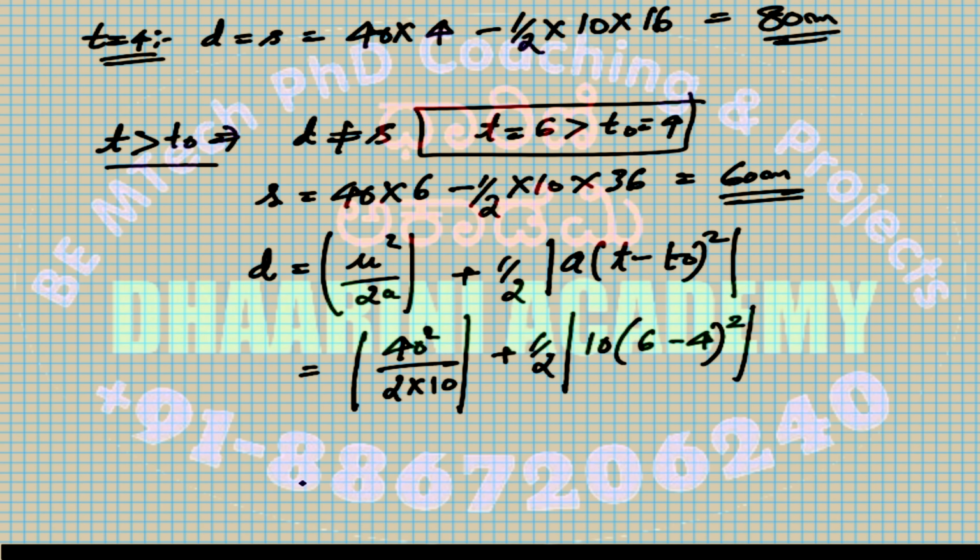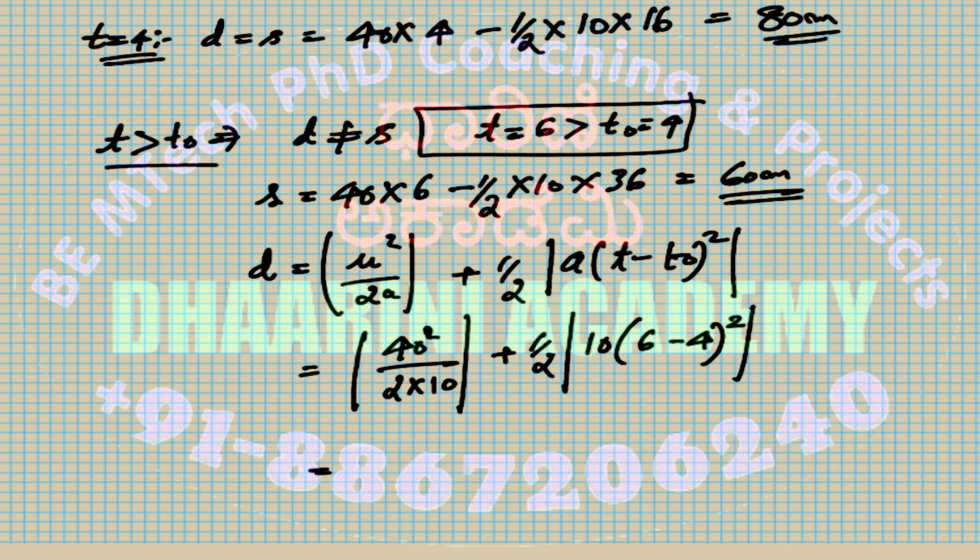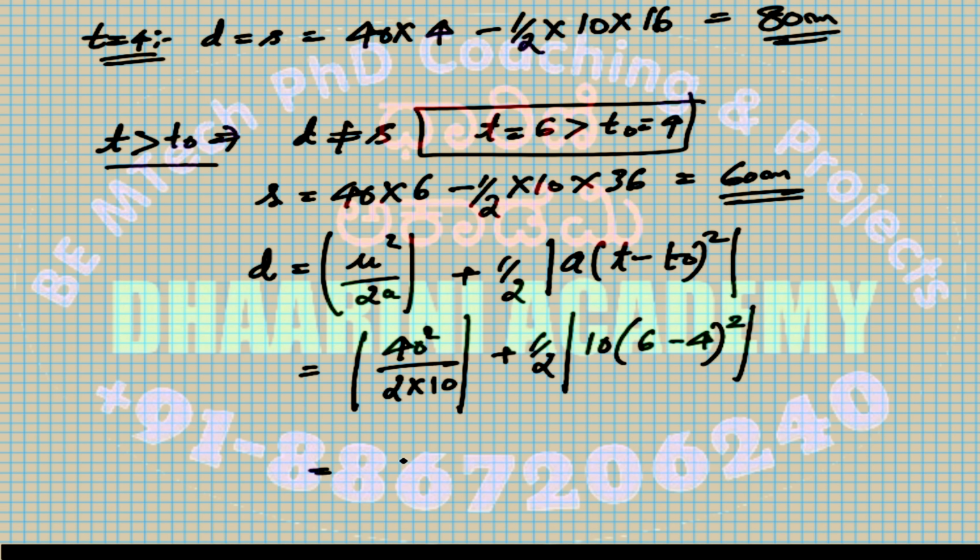Okay, so let's calculate this quickly. T square by, turn to this, 10 plus 5 into 4, 20. So 80 plus 20, so that is equal to 100 meters.